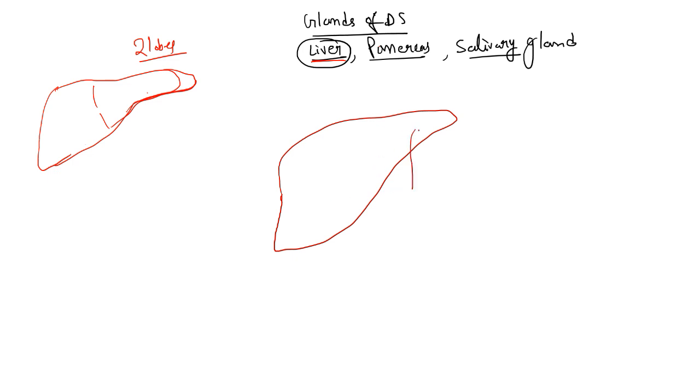And there are connecting structures coming out of the liver, something like this, and it's further connected here with the pancreas. Let me draw it with a different color. Let's say this is the pancreas.